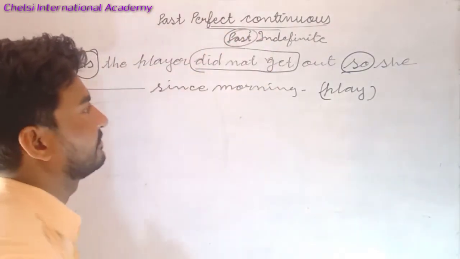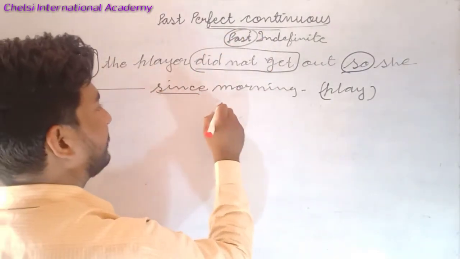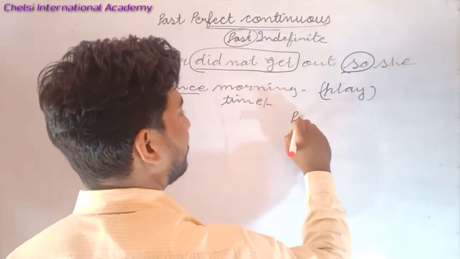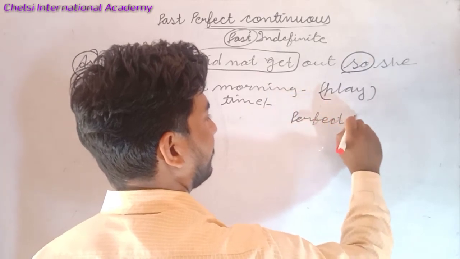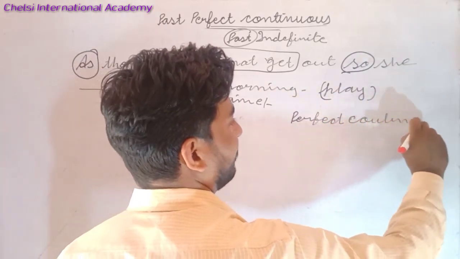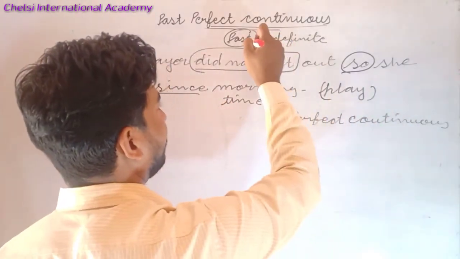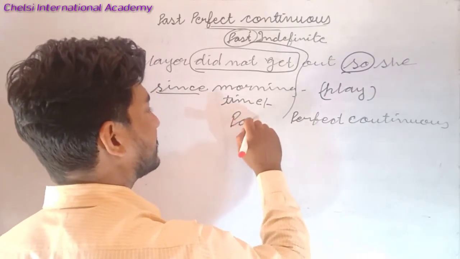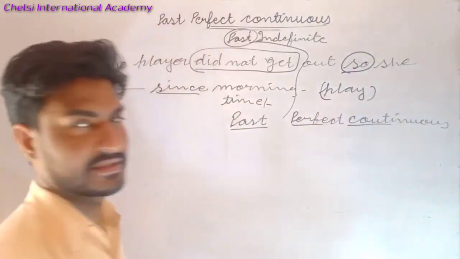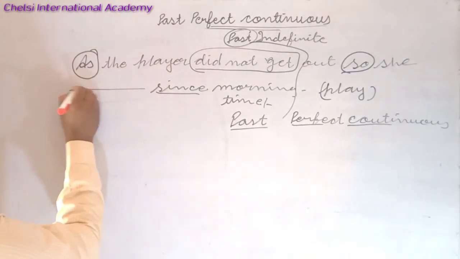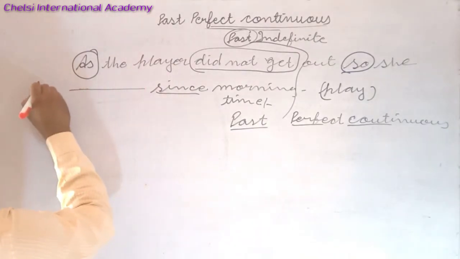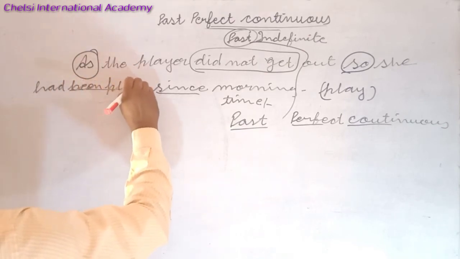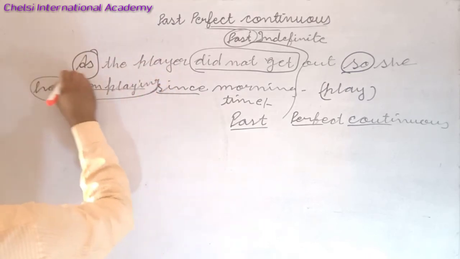Since plus time shows the perfect continuous, and past also it is. So which tense is it? Past perfect continuous. And we fill in the blank: had been playing.